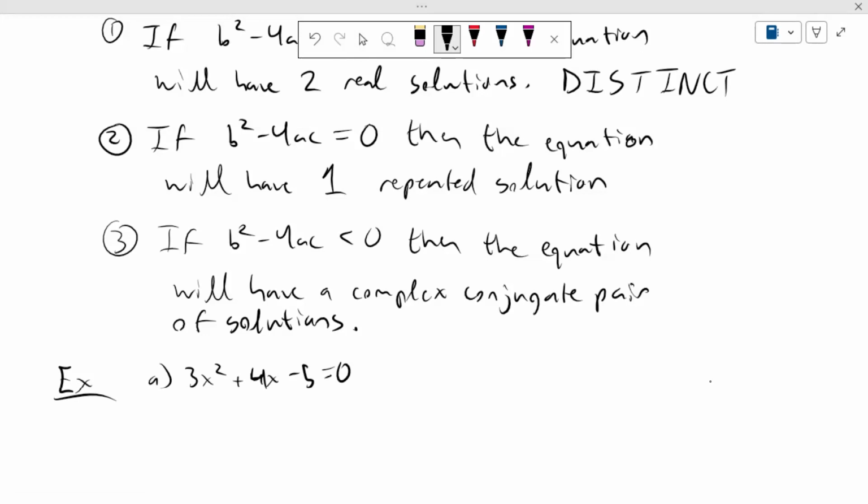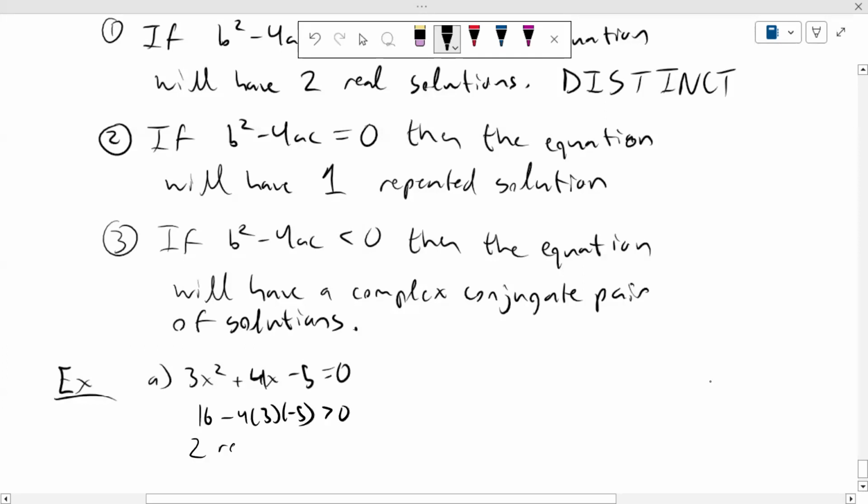So we're going to compute b squared minus 4ac. So that's going to be b squared is 16 minus 4 times 3 times -5. Well, this is, of course, greater than 0 because it's a positive number plus a positive number, right? So two real solutions. Okay, two real solutions.